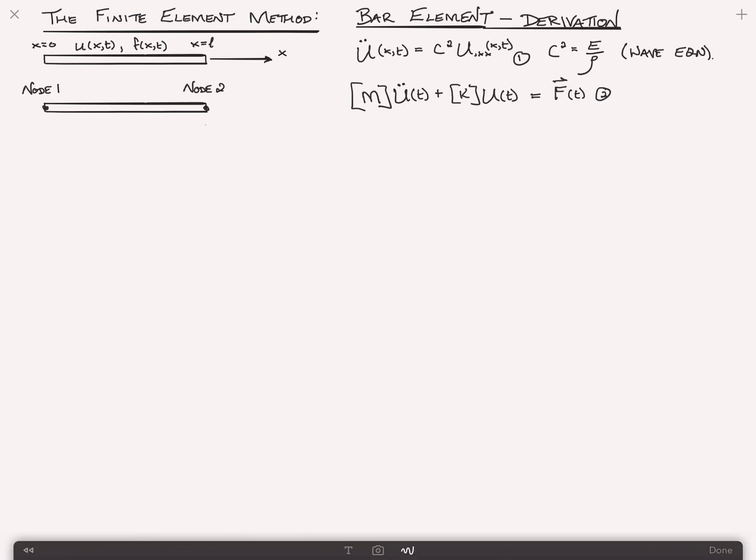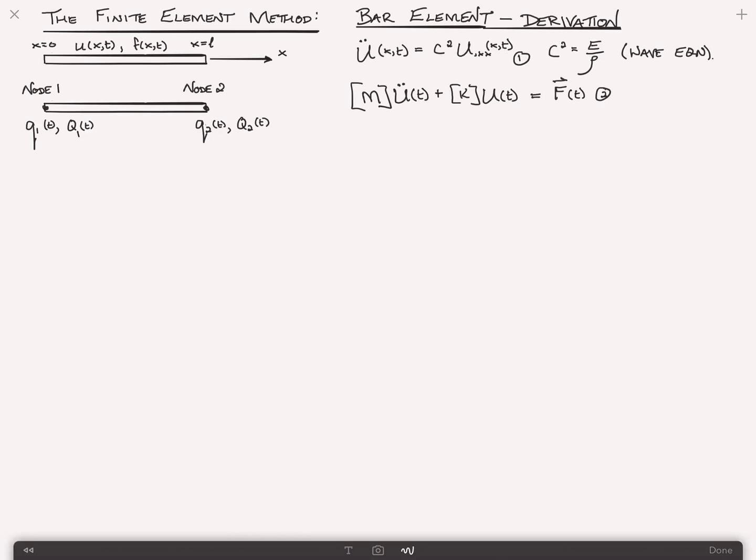So at node 1 we're going to have, and I'll give it a generalized coordinate q1, that in general is a function of time, and there's going to be some nodal load applied to the node, capital Q1. And similarly at node 2 we have generalized coordinate q2, which is a function of time, and a generalized force, capital Q2, which is a function of time.